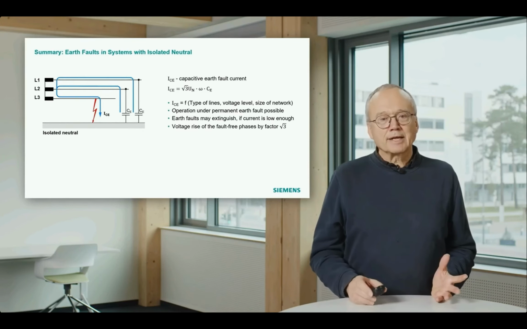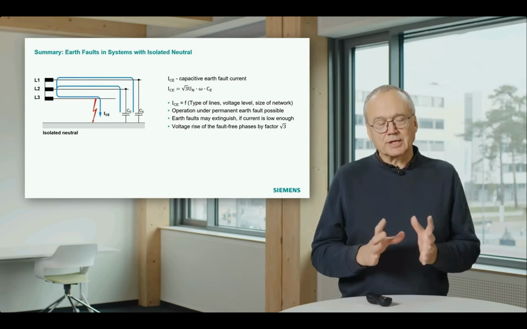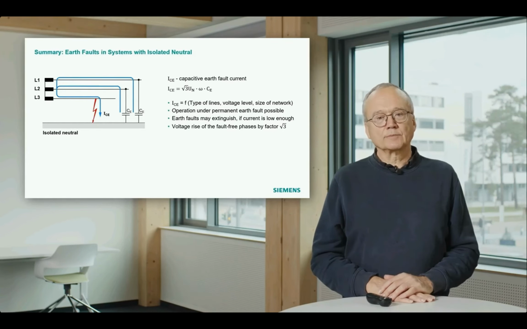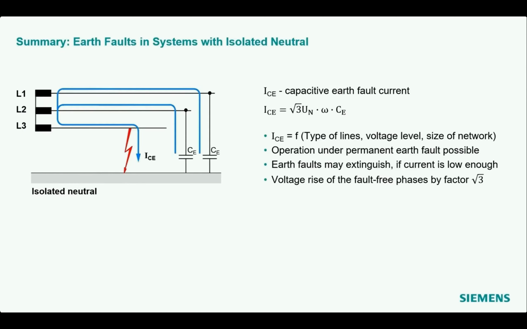We can summarize that. In such a system with isolated neutral, the current we have under earth fault condition can be calculated from voltage and line frequency. That means the earth fault current is defined by, first of all, the type of lines. Do we have overhead lines or cable? Because cable have much higher capacity than lines.